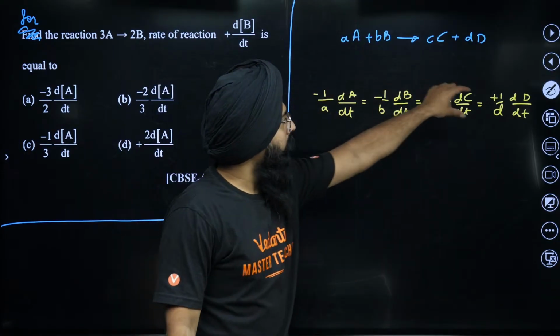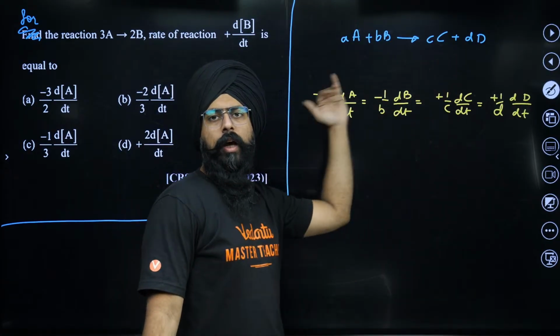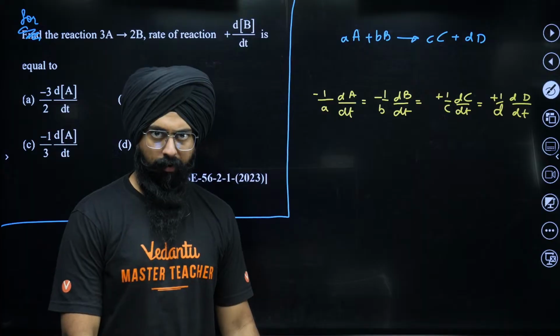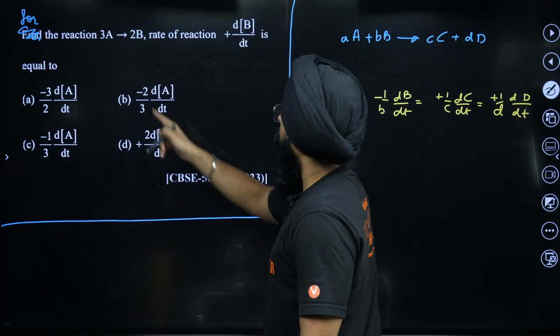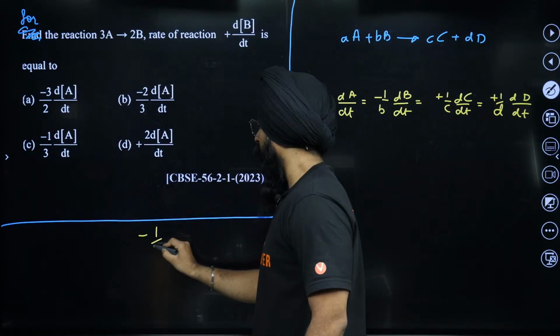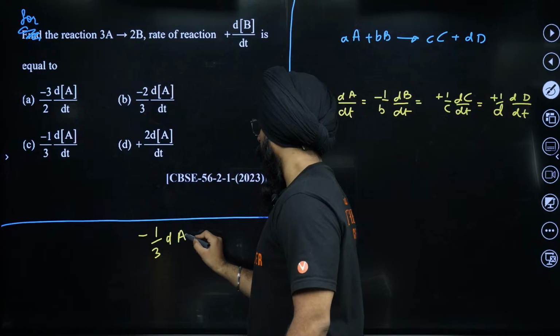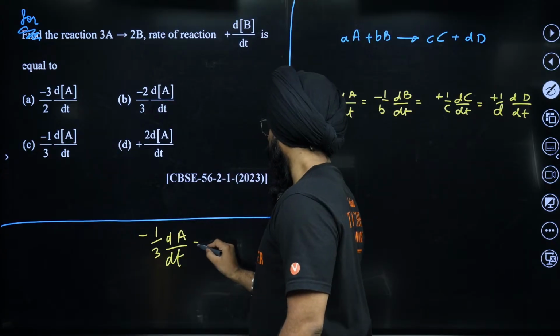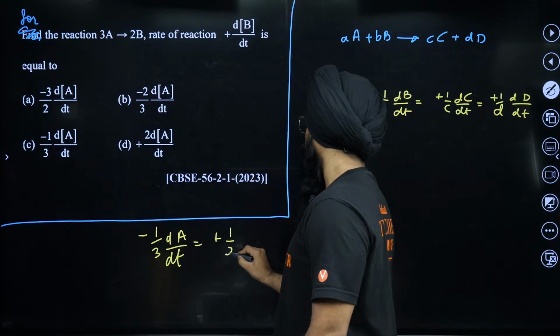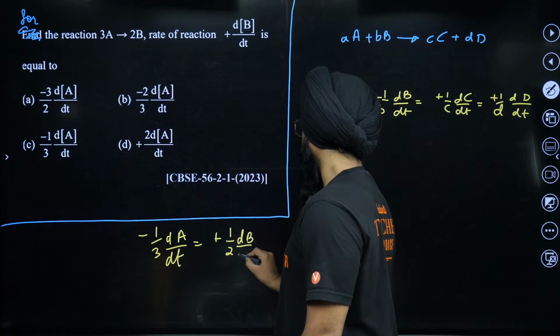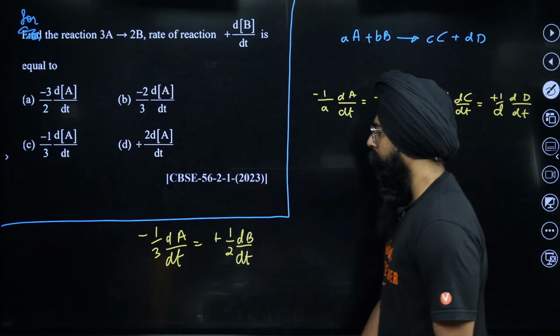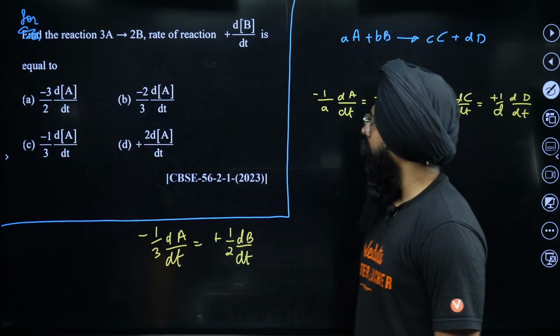Basically, I'm equating the rate of change of all of these things according to their stoichiometric coefficients. So over here, I can write minus 1 by 3 dA by dt is equal to plus 1 by 2 dB by dt. So what is the answer?